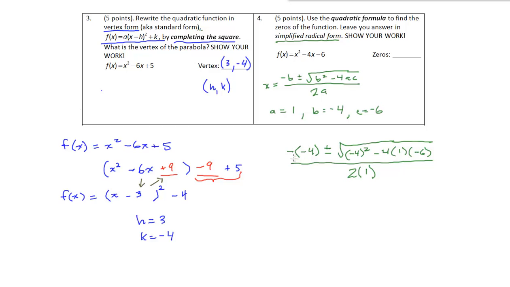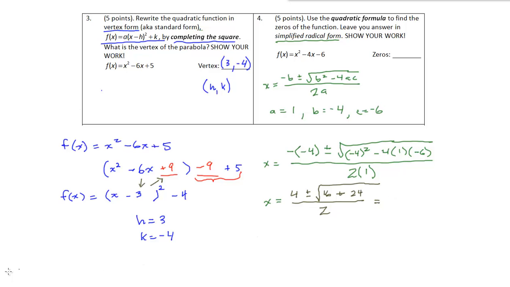Now, let's simplify this. That's what x is equal to. So x is equal to 4 plus or minus the square root, let's just do this in our heads, negative 4 squared is 16. Now we've got a minus times a minus, so this is going to be plus. 4 times 6 is 24 times 1, so plus 24, all over 2 times 1 here.